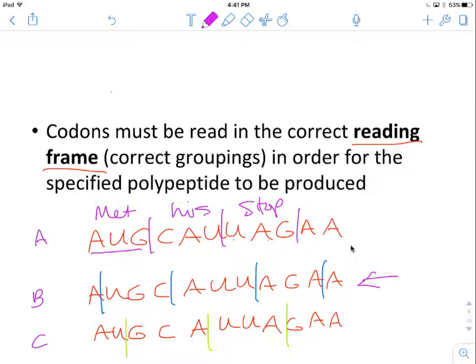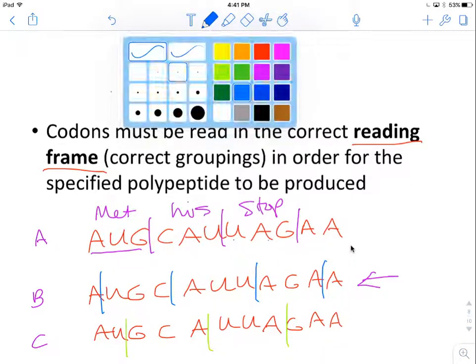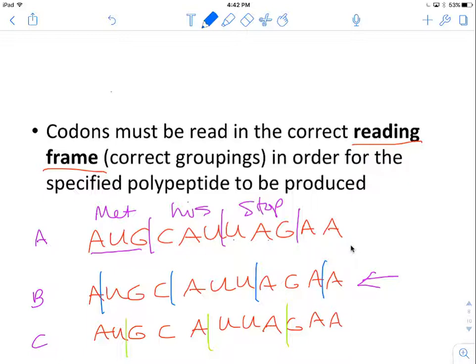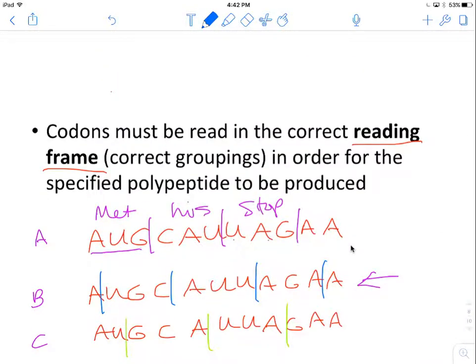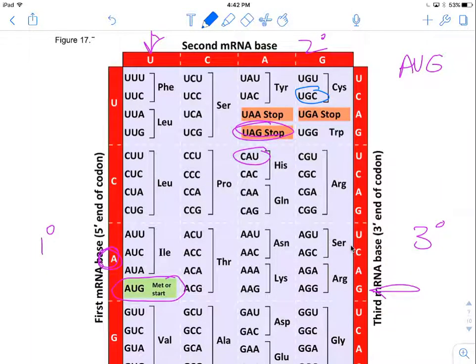If we look at group B, the group is UGC. Let's see what UGC is. UGC is cysteine. And then AUU is isoleucine.